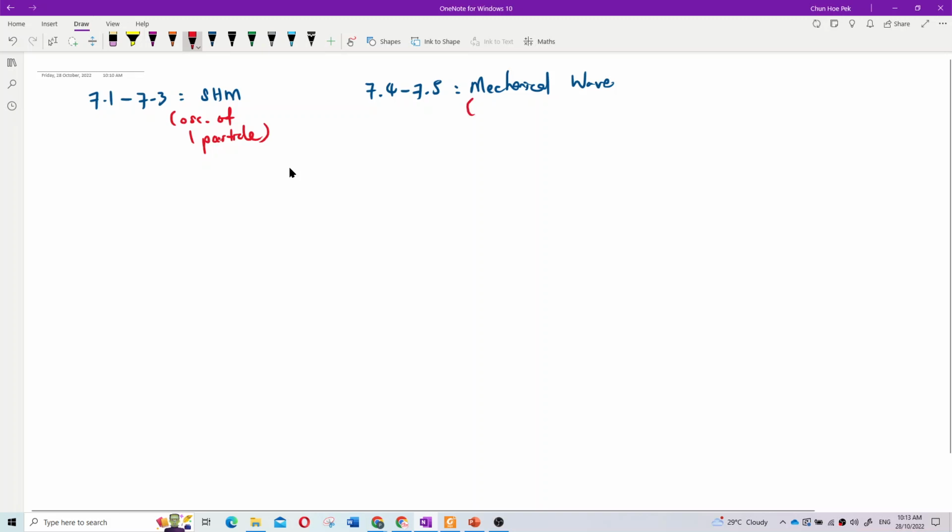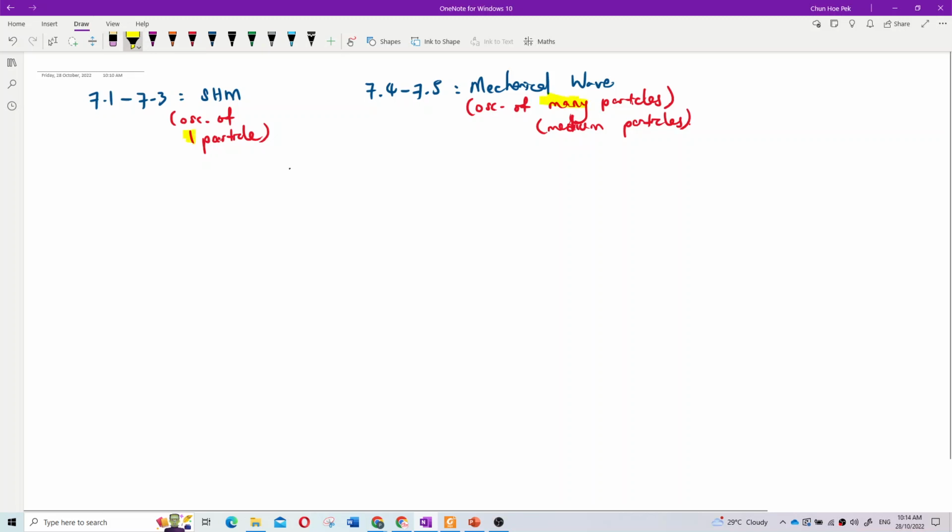This one is oscillation of many particles. Why is it like that? Because we are talking about using the medium particles to transfer the energy. For mechanical wave, all the medium particles. Okay, so one particle versus many particles.